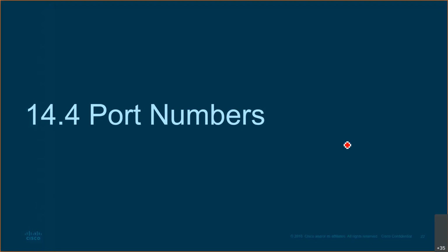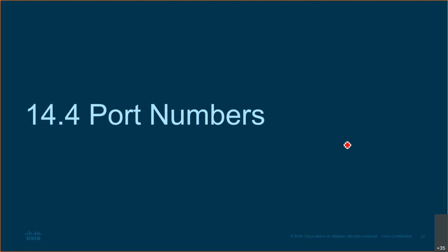There is another important aspect with regards to your transport layer, and that is port numbers. Now you may ask, why do I need port numbers? Because when you're accessing a server, you're not accessing only one service in there. You may access different services.